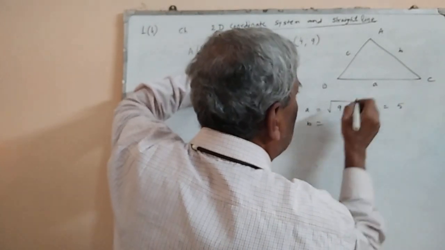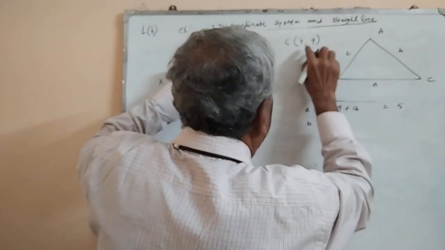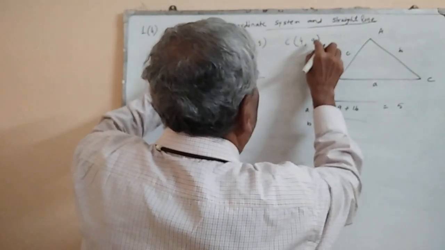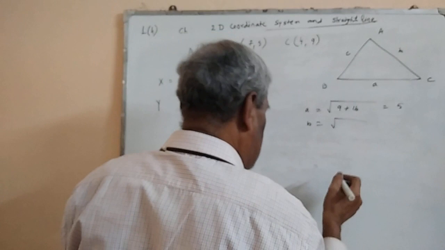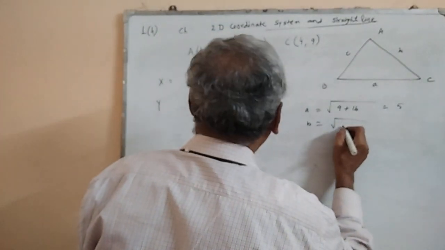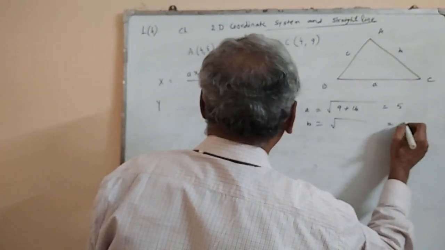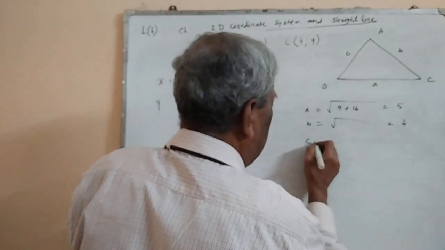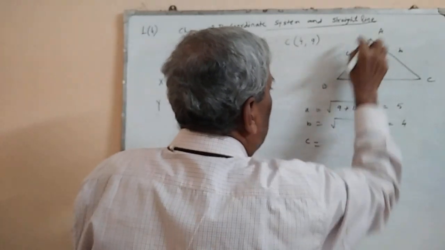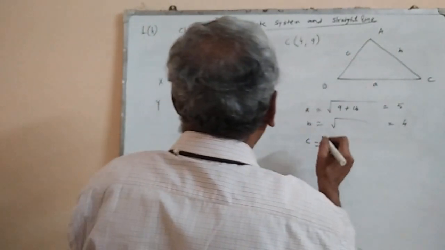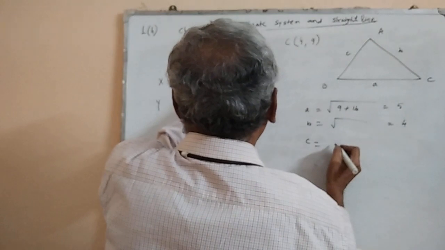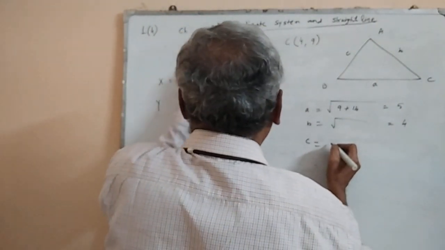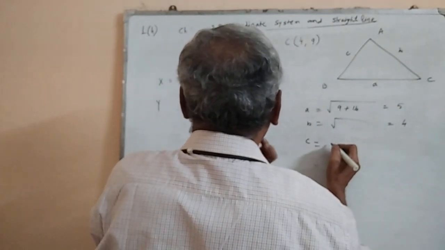b is equal to the length A to C. It is root over of (4 minus 4) whole square, 0, plus (9 minus 5) whole square, that is 4. And c is equal to A to B. A to B is equal to root over of (7 minus 4) whole square plus (5 minus 5) whole square, 0. It is actually 3.